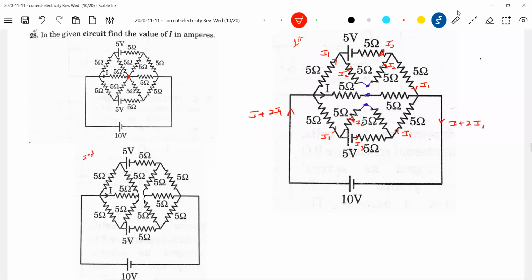Another student will say, sir, I'll also distribute current. What is there in distributing current here? We can distribute current here also. So total current here, we'll take I1. Equally, so this will be I by 2, I by 2. I have space only this much, I'm writing like this. And here I1. So how much current in this region?